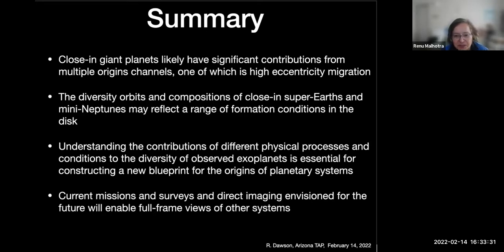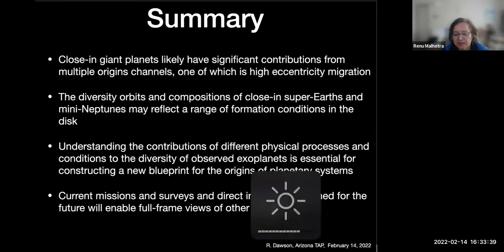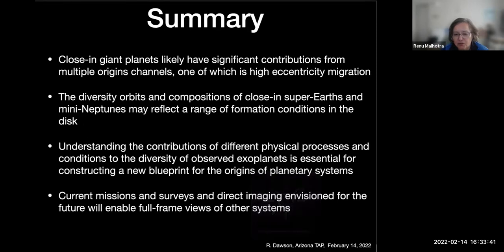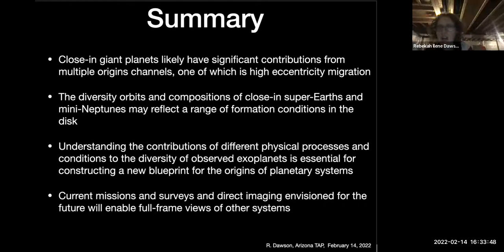I was wondering, if you can quickly, maybe this is a quickish question on the high eccentricity migration: how do you form something at high eccentricity at a large orbit? Yeah, there's been a number of different scenarios proposed there, and still a lot of debate about which it is.